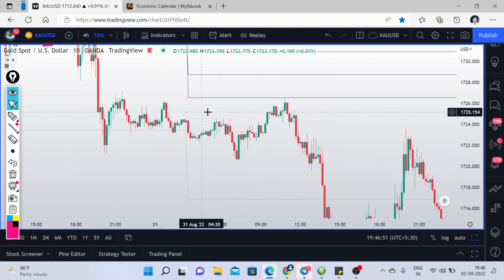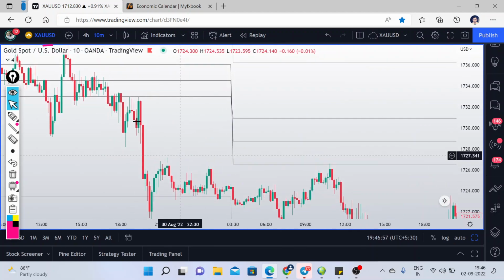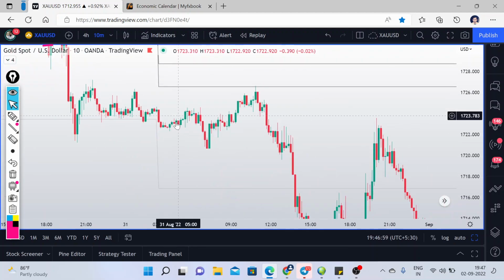In this particular trading session, of 31st August, initially we were in a downtrend, but we have some bounce of price from this level, around 1720 to 1726. So this is a good buy move.